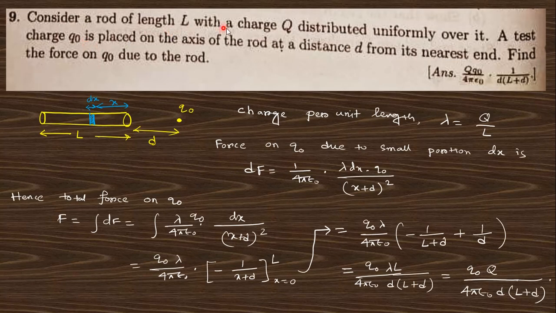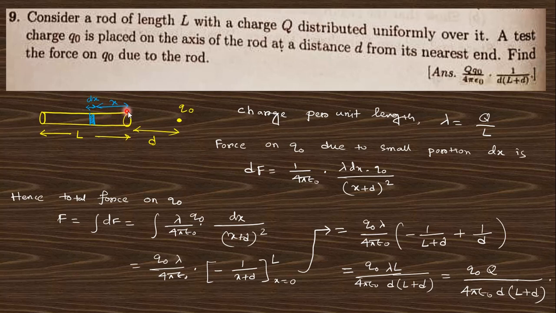Consider a rod of length L with the charge Q distributed uniformly over it. So the total charge is Q distributed uniformly. So charge per unit length will be Q by L, right? And Q0 is placed on the axis of the rod at the distance d from the nearest end. Find out the force on Q0 due to this.